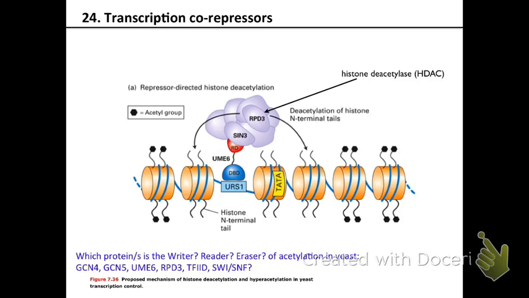All right, so there are a lot of readers and writers and so on in this case, right? So in this system, in the previous slide and this slide, what protein is the writer of acetylation? Just look at your notes and see which enzyme is the writer. GCN5, because that's the acetylase, right? Which proteins are the readers?